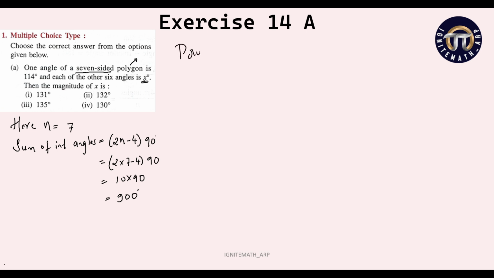If I am simply telling a polygon, that means it is an irregular convex polygon. It is always understood, children. If I want to mention it as a regular polygon, I should say it is a regular polygon. If I'm simply saying a polygon, it is always an irregular convex polygon. Keep in mind. So obviously, if there are 7 sides, 7 angles will be there. Out of 7 angles, 1 angle is 114 and the remaining 6 angles are equal to each other. When I add all of them, I'm getting the sum as 900.